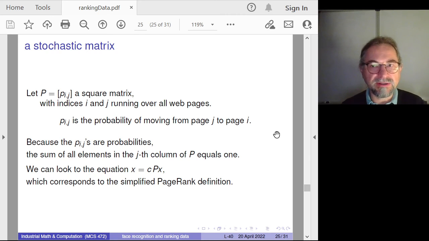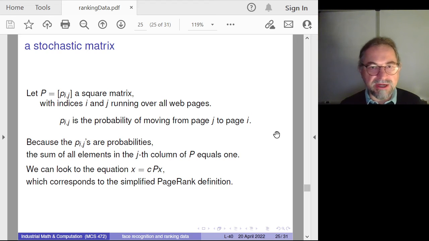So imagining now a surfer, what is a surfer doing? Well, the surfer is situated at one page, so we call the page I for an index, a row index, and it goes. No, I'm sorry. So we are at the current page. We are looking at a column.